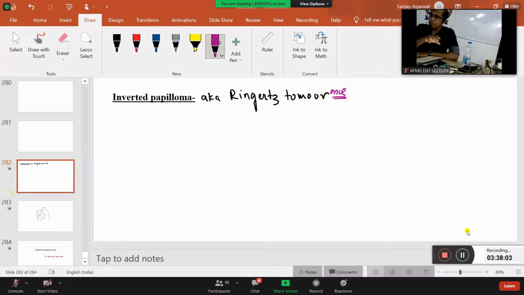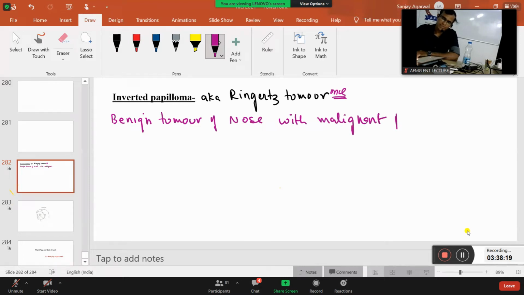Why is this tumor important? Because it's a benign tumor of nose with malignant potential, which means it can convert into malignancy.